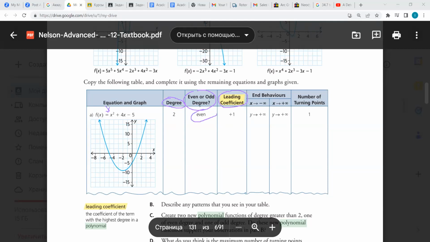And this is directly related to whether this function is odd or even degree. So I made a little mistake a moment before when I said that only x to the fourth power plus x squared has an even degree.